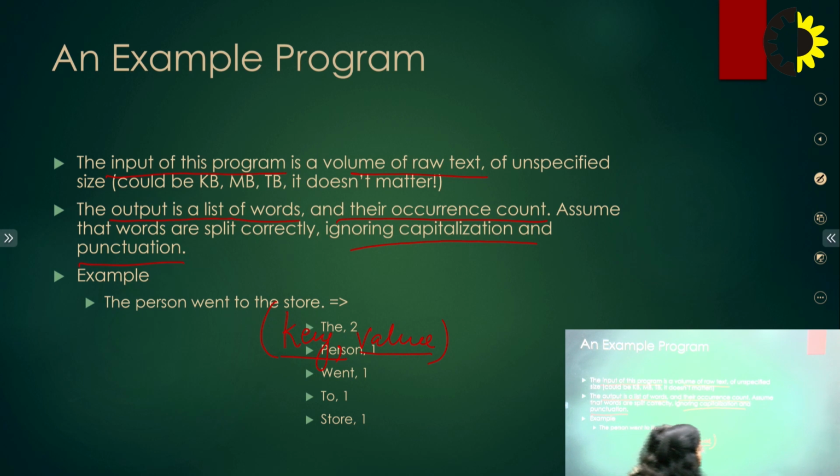We can take one example. Suppose we have a text like this: the person went to the store. This is a sentence and we need to process it using MapReduce. In MapReduce, first we have to identify the words in the sentence.